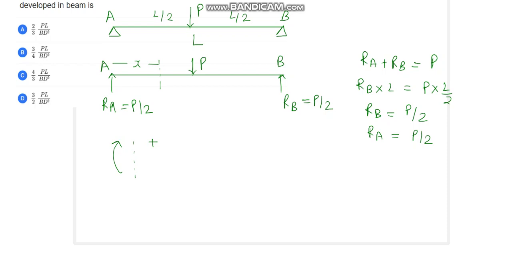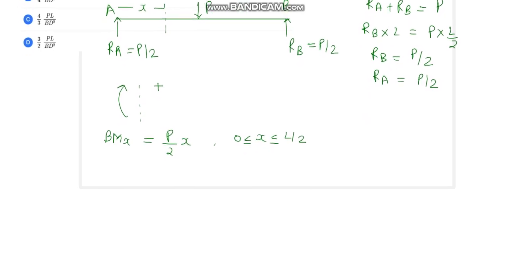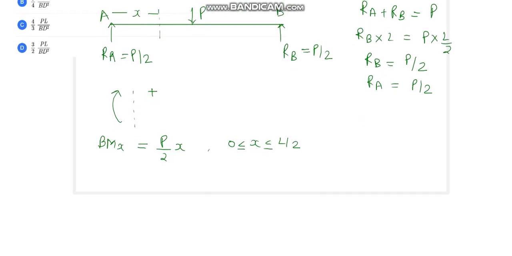Bending moment at any x location equals P by 2 into x, when x is greater than or equal to 0 and less than or equal to L by 2. And if the section lies in this portion, we can write bending moment as P by 2 x minus P into x minus L by 2, when x lies from L by 2 to L.